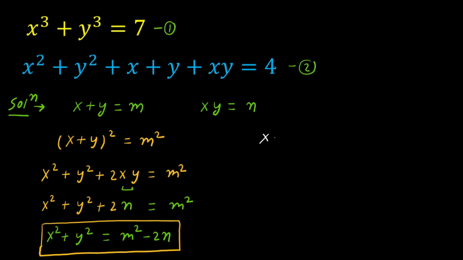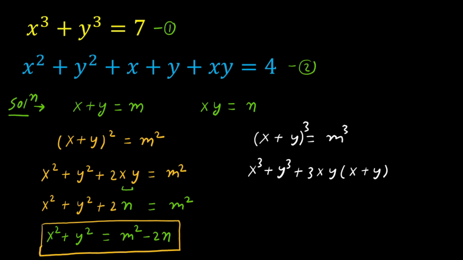Now x + y = m. If we cube both sides, on the left-hand side x^3 + y^3 + 3xy multiplied by (x + y) = m^3. Here xy is replaced by n, and x + y is replaced by m.